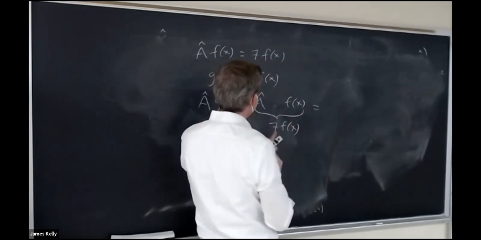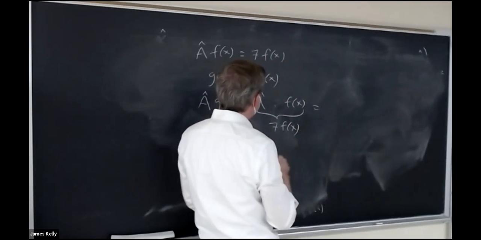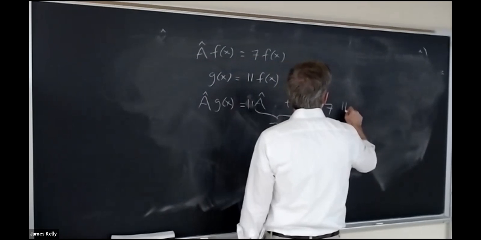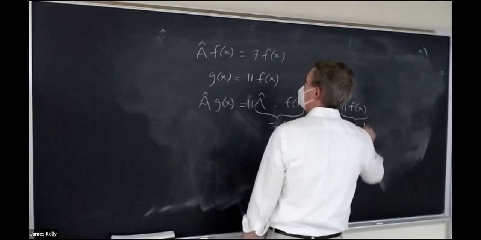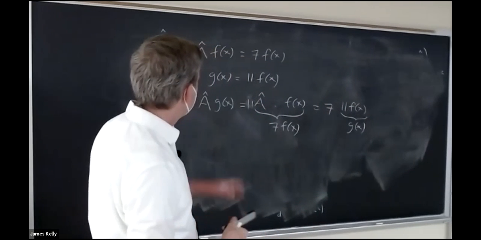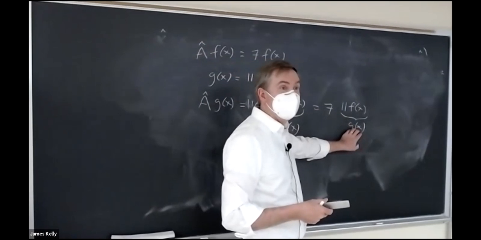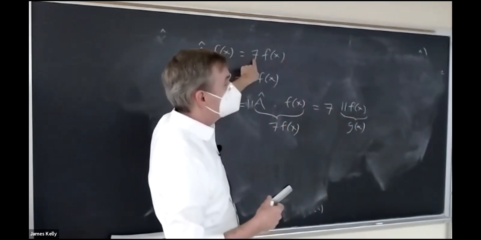And then that's equal to 7 times 11 f of x, and that's equal to 7 g of x. So A operating on g of x would be 7 times g of x back again. It would have the same eigenvalue as the other function.